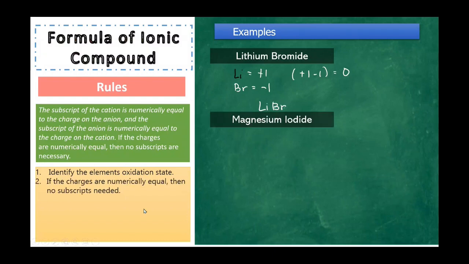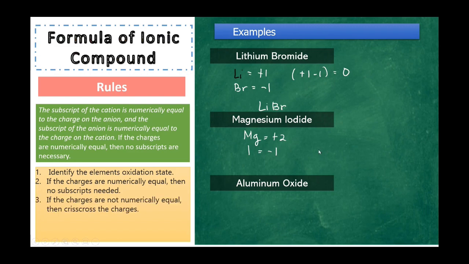So, next is magnesium iodide. Same process. Write magnesium. What is its oxidation state? That will be positive 2. And then, how about iodine? Iodine has an oxidation state of negative 1.